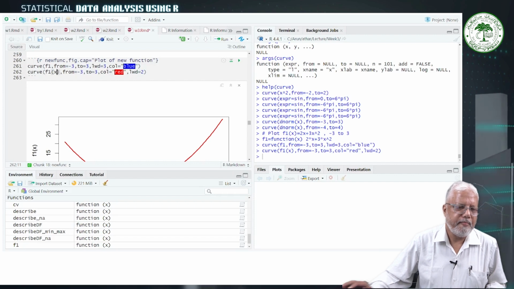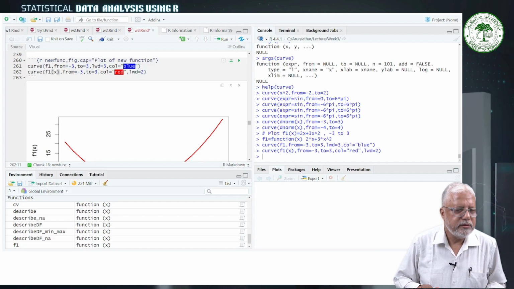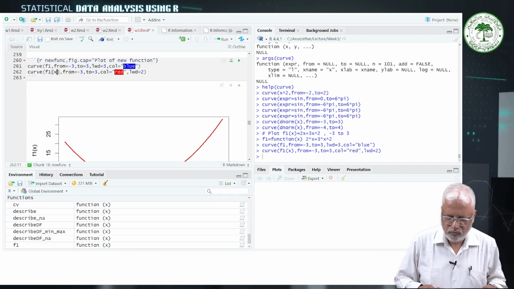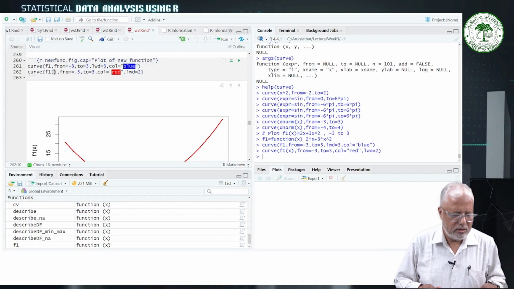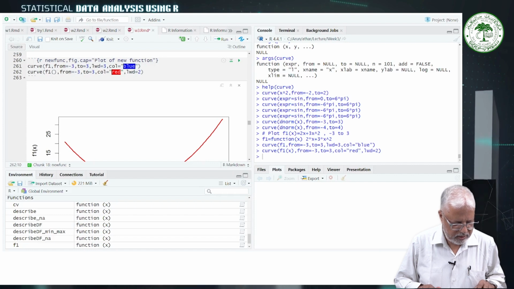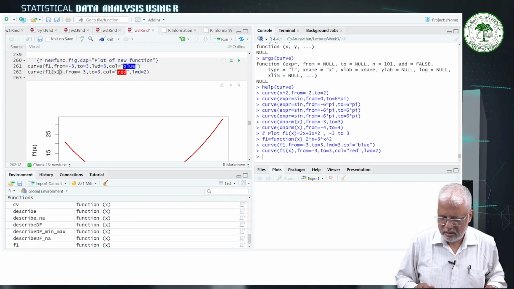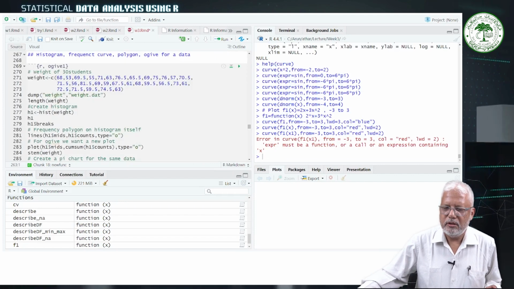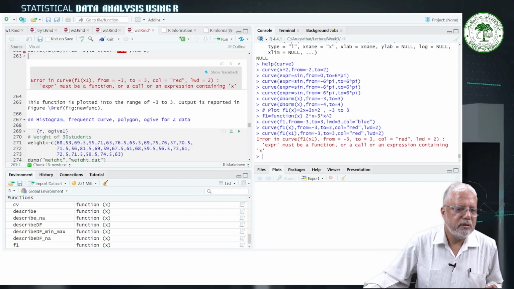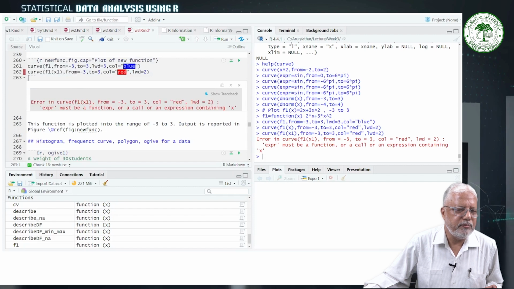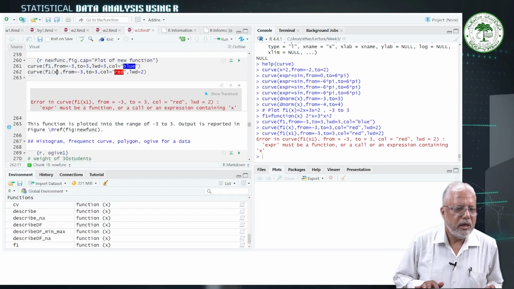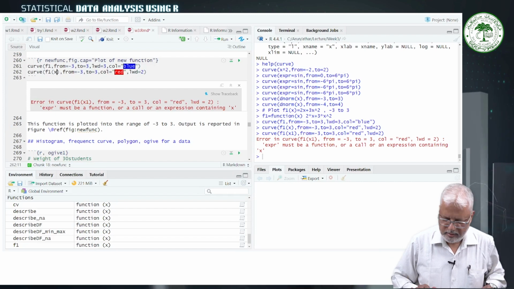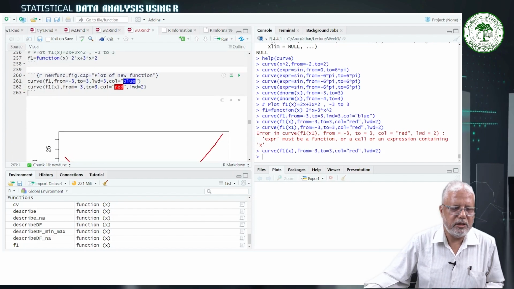Say for example, if I write y or something else, say x1, then it will not run. It is showing an error. It should not be anything other than x. For curve, it is always x, and then it will run. It is running.